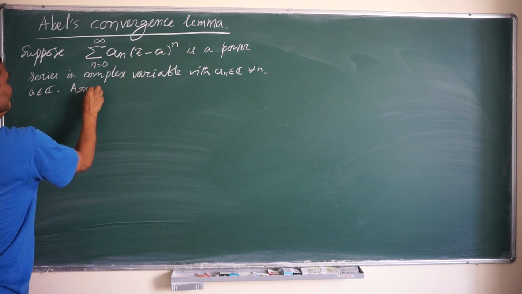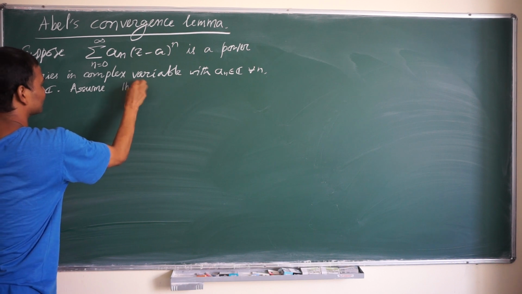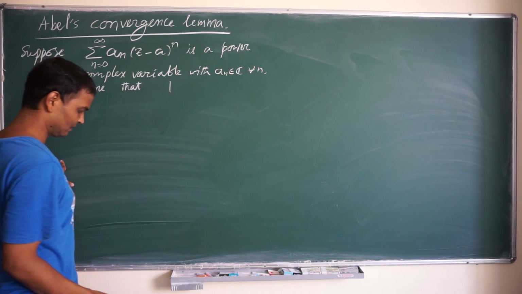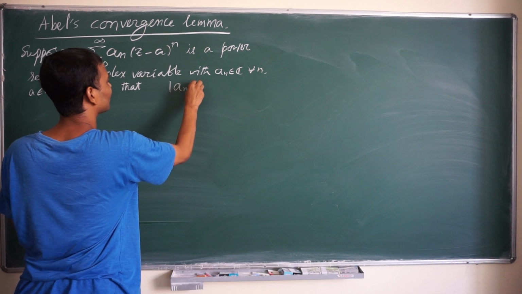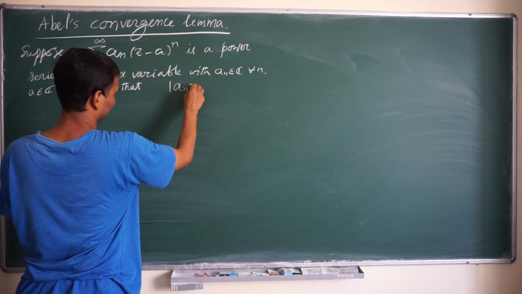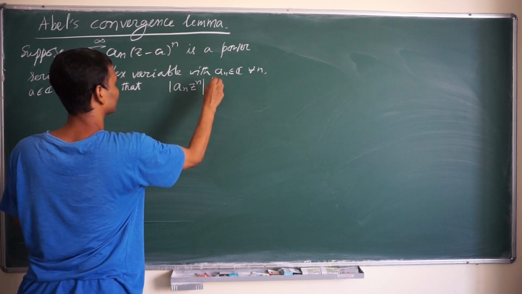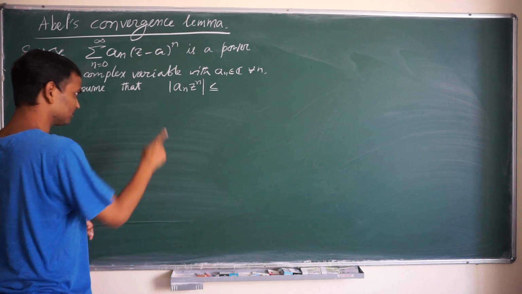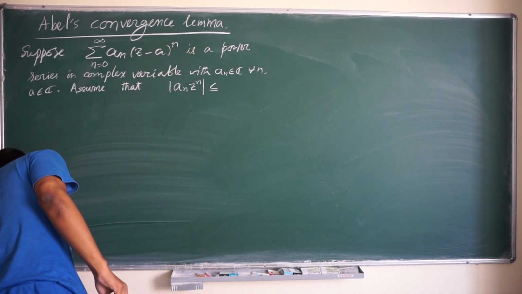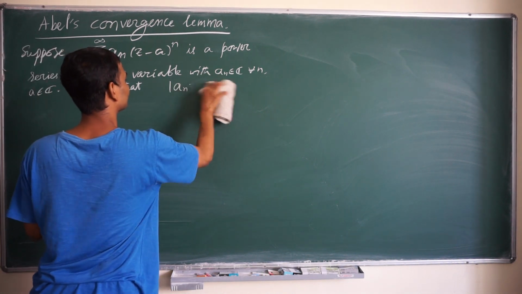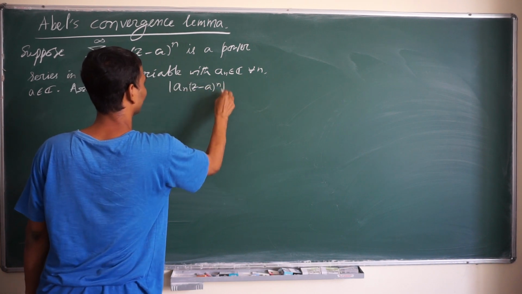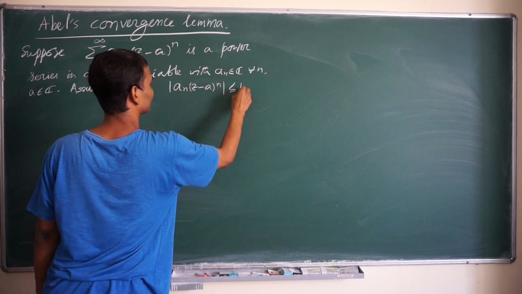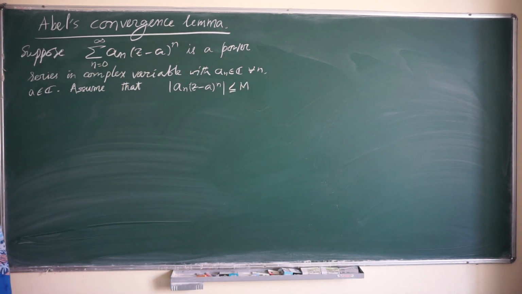Assume further that mod a_n times (z minus a)^n is less or equal to M. Is it true?